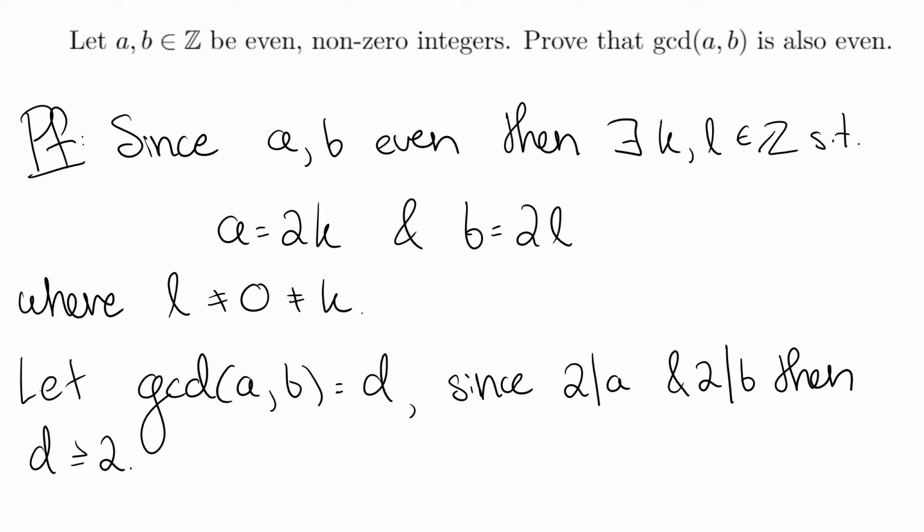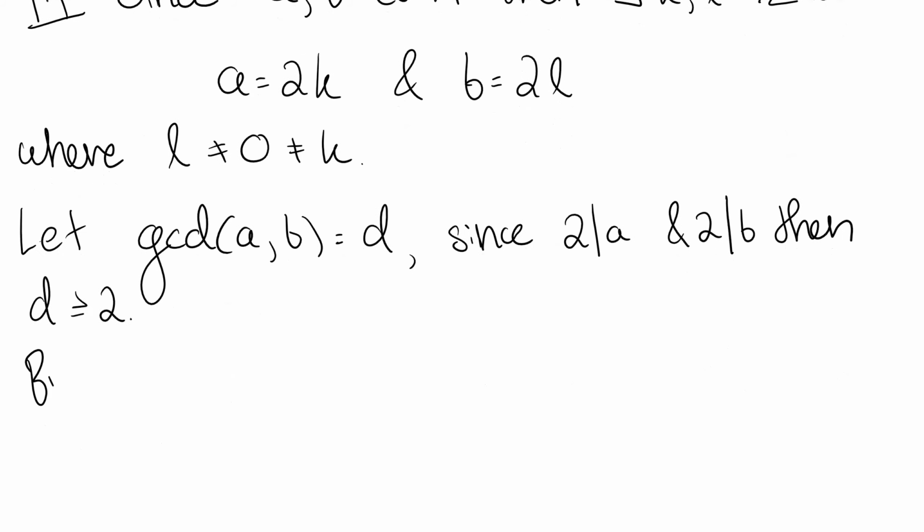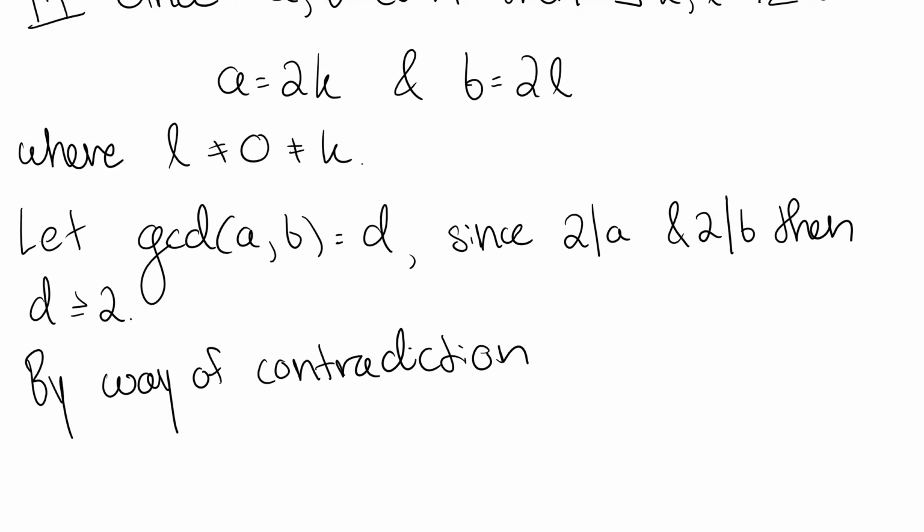Okay, so maybe let's talk about what if D was not even. Maybe let's do it by way of contradiction. Okay, so we're going to assume that D is odd.